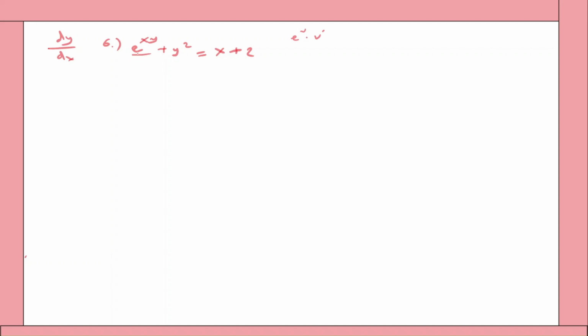So let's do that and see what happens. We're first going to have e to the xy, and then we multiply that by the derivative of this top part. But as you can tell, xy is actually a product, so for u prime we will have to use the product rule. So let's do that.